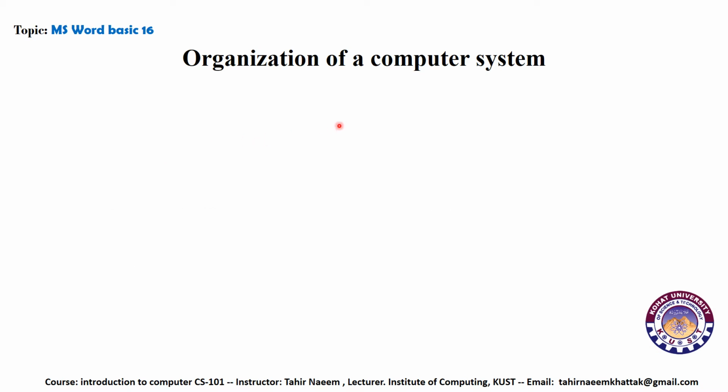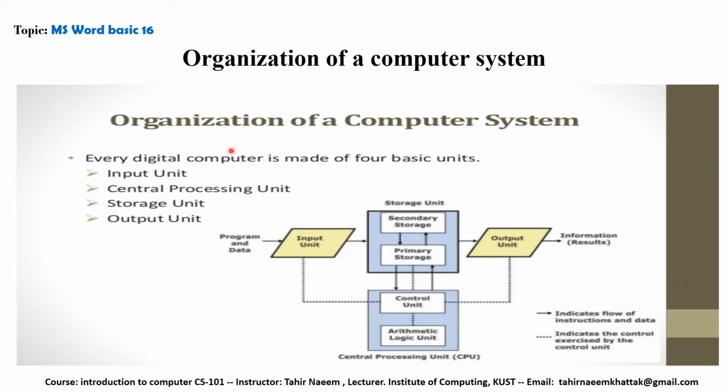Organization of computer system. Here we will define that every digital computer basically consists of four basic parts. These parts are the input unit, the central processing unit, or shortly CPU, the storage unit and the output unit.